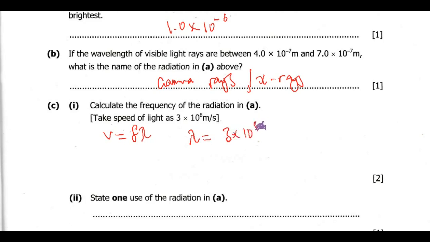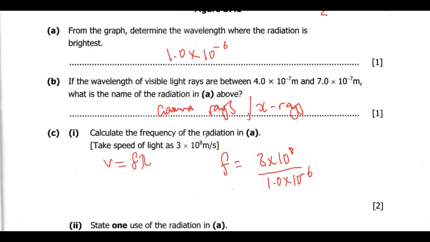The frequency will be the speed, which is 3 times 10 to the power 8, divided by the wavelength. What is the wavelength that we have in A? It is 1.0 times 10 to the power negative 6, because they say the frequency of radiation A. So this gives us a frequency of about 3 times 10 to the power of 14 hertz.